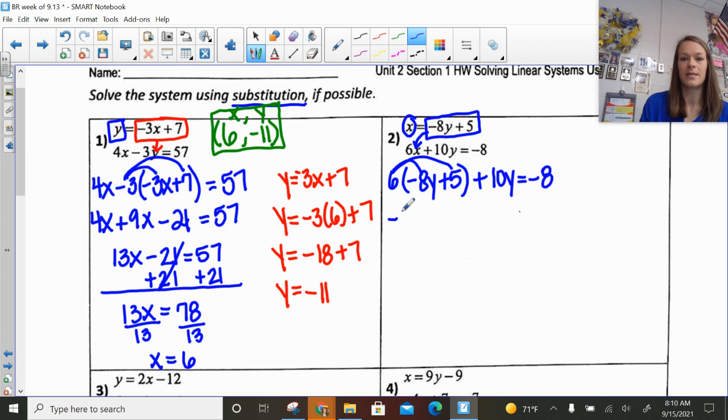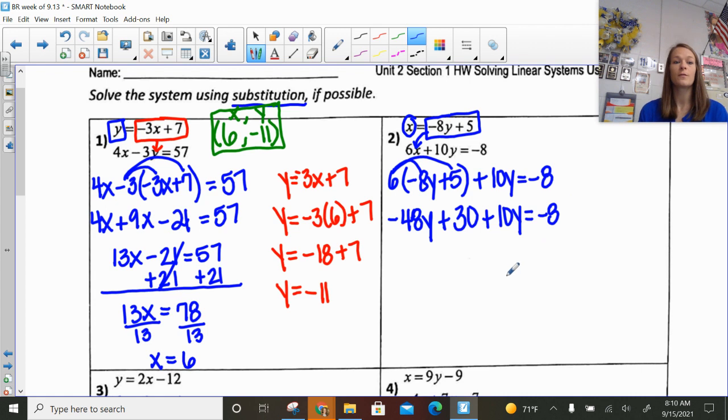So that is negative 48y when I multiply 6 times negative 8y, and 6 times 5 will be a positive 30. I'm going to bring down my 10y equals negative 8.